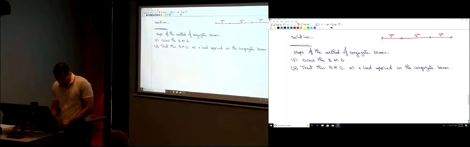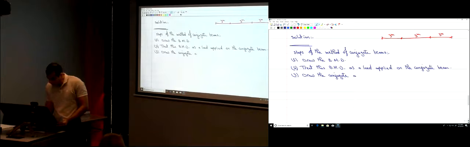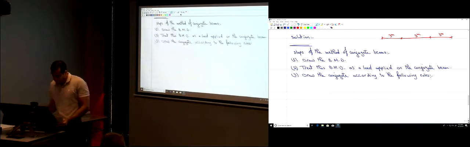And then you draw the conjugate beam itself. The conjugate beam can look different from the actual beam. Draw the conjugate beam according to those rules. What are those rules?